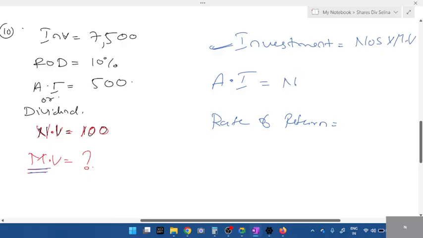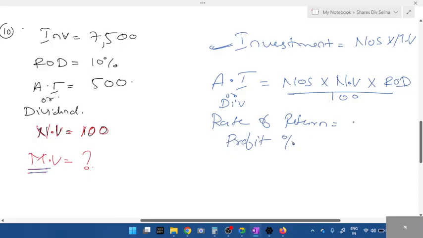In annual income, we use number of shares into nominal value into rate of dividend by 100. What is rate of return or profit percent? The meaning is same. Yes, dividend divided by investment into 100.